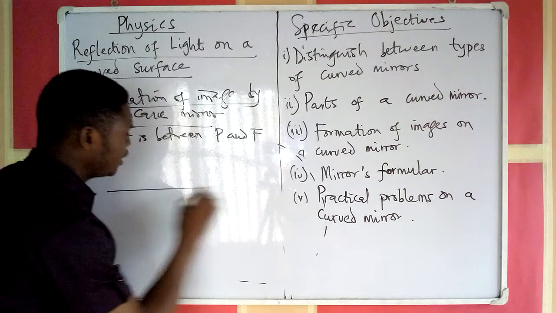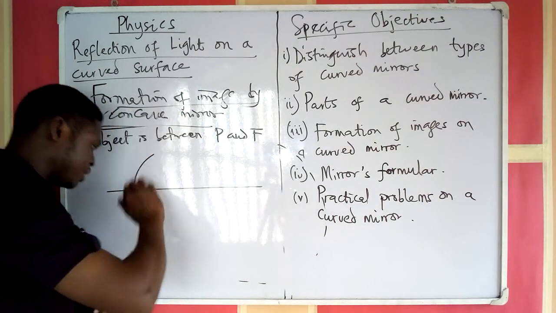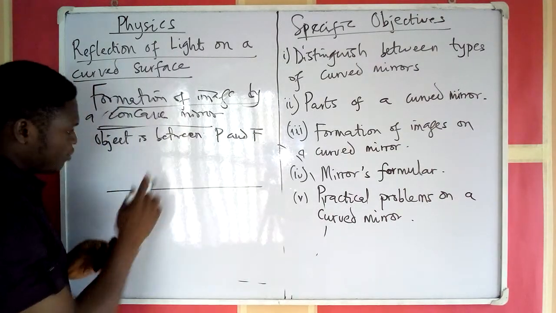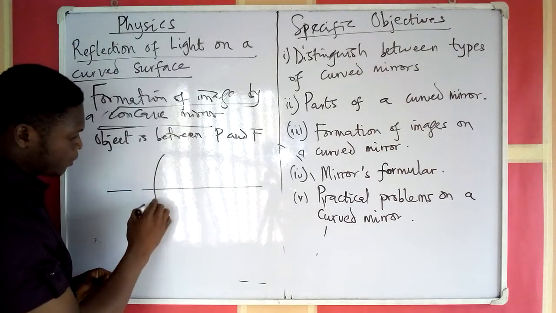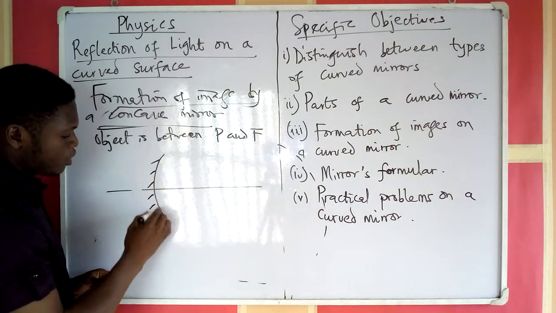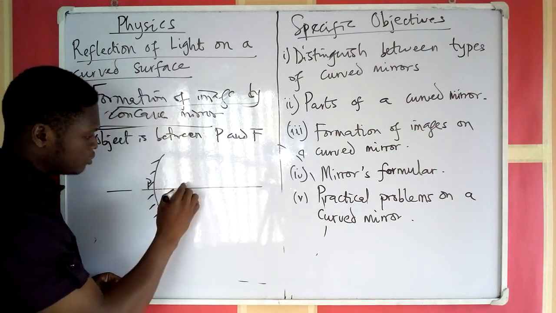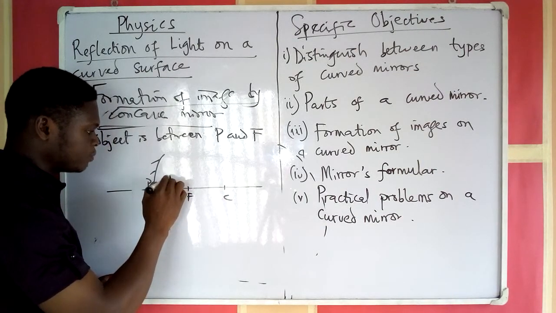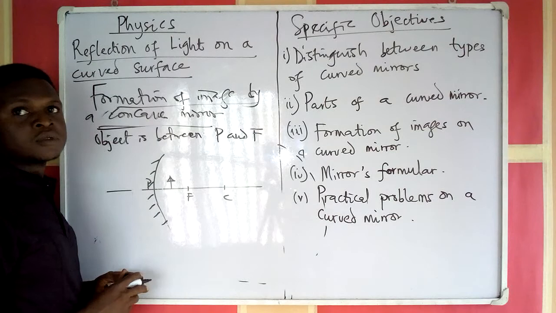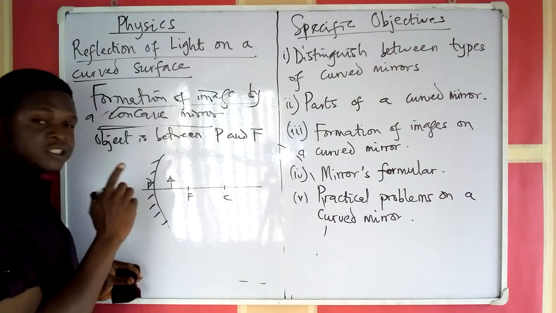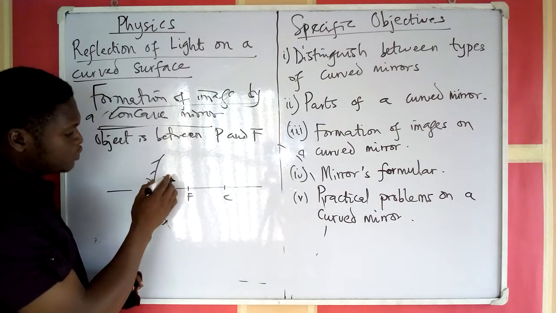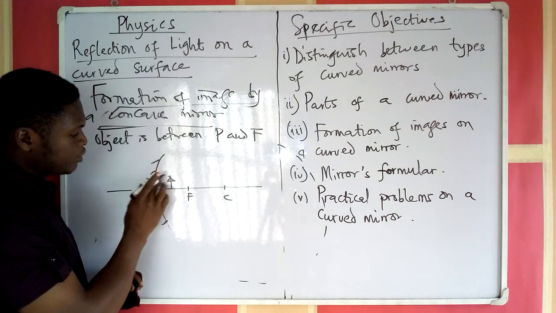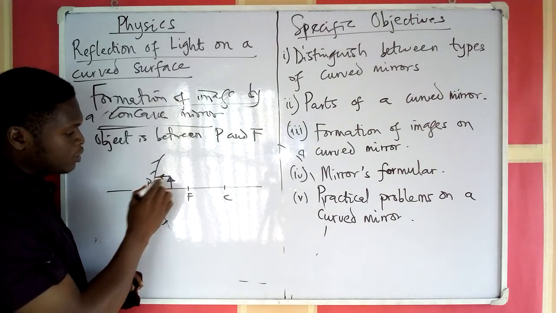Alright, so let's have our principal axis. Let's have our mirror, which is a concave mirror. So this is our O, this is our F, and this is our C. So when we have an object placed at this position, remember, the first ray, which is ray 1, is the one that will travel parallel to the principal axis.